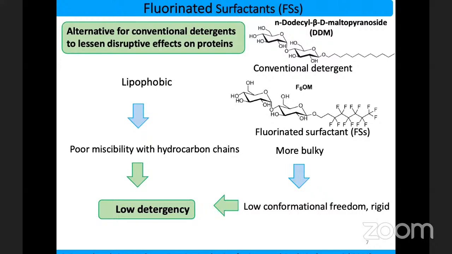Replacing hydrogen with fluorine makes the amphipathic compound bulkier and more rigid, so the flexibility is reduced and therefore the impact on the membrane will be reduced. It will have a gentle impact. That's the hypothesis behind it.